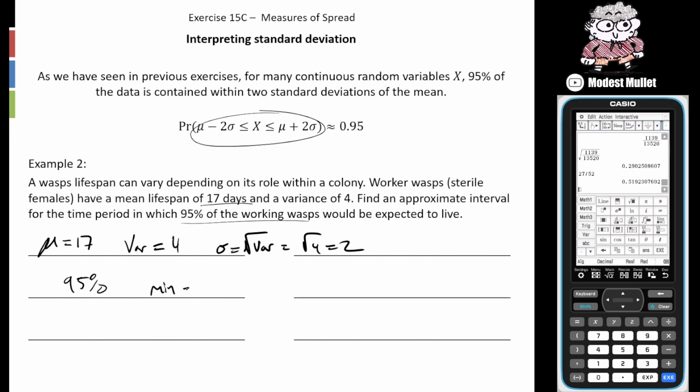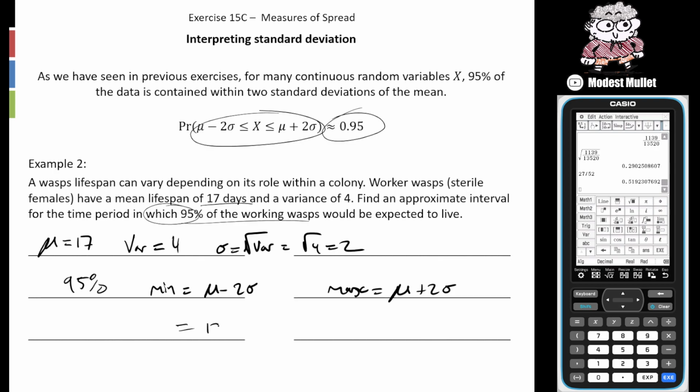So the min is going to be equal to mean take away 2 standard deviations, and the max is going to be equal to the mean plus 2 standard deviations. Sorry, not 95% percentile. This is 95% of the population.